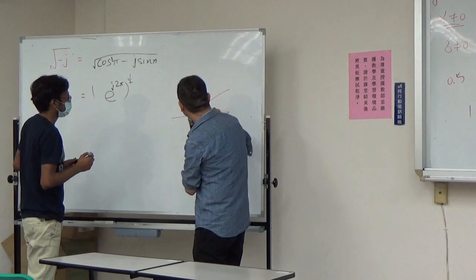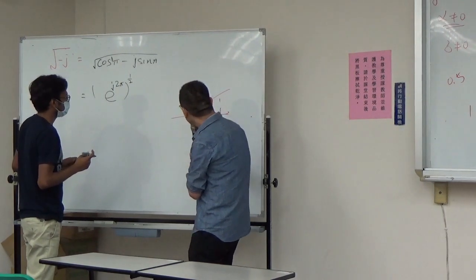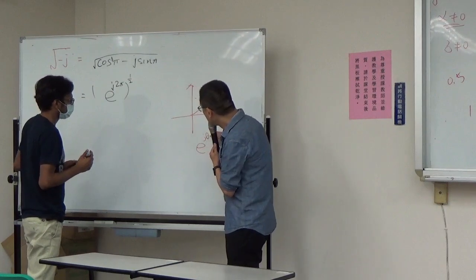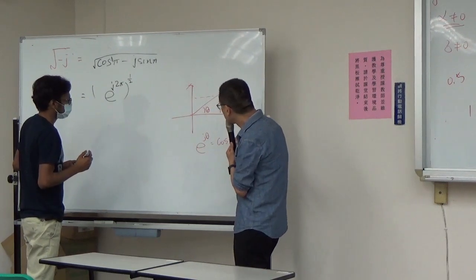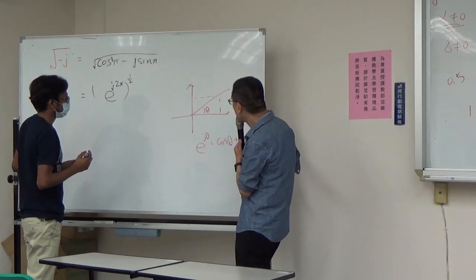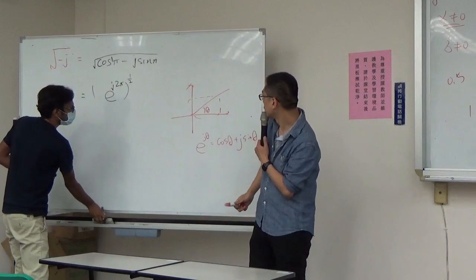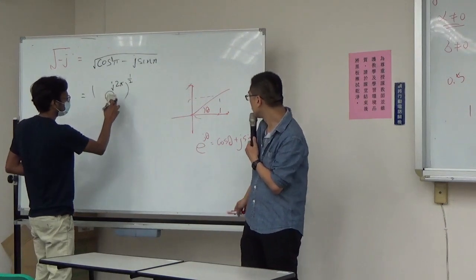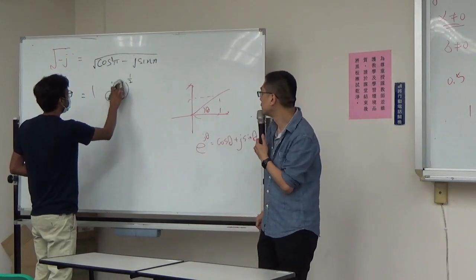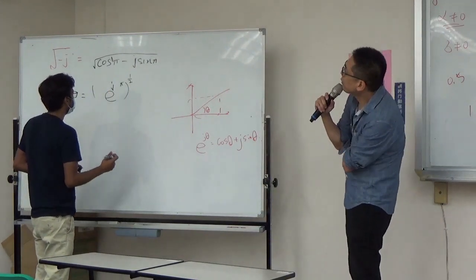If this is theta, but you use pi, right? Exponential j theta equals cosine theta plus j sine theta, right? This is cosine, this is sine. Okay, refer to j, is it positive or negative?